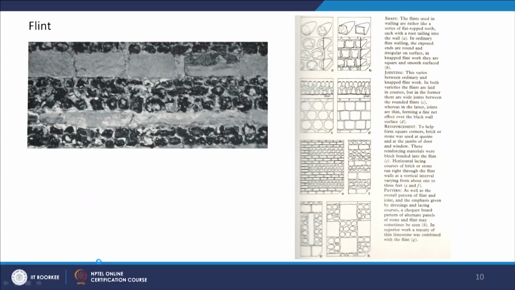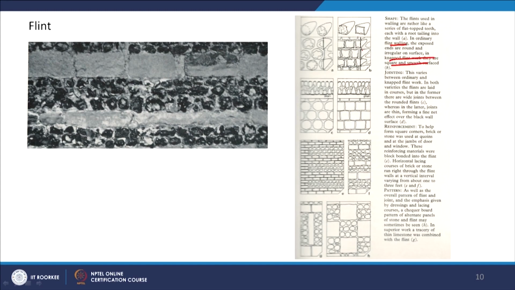And coming to flint, this is also a walling material, which you get more or less like pebbles. Here again there are different techniques mentioned, especially for flint walling. The exposed ends are round and irregular on the surface in napped flint work.